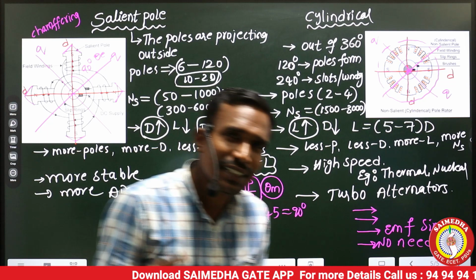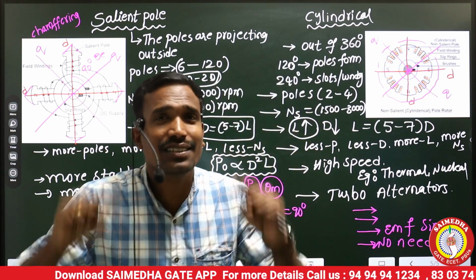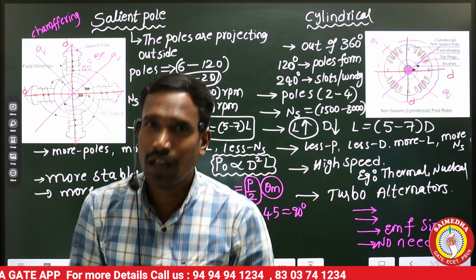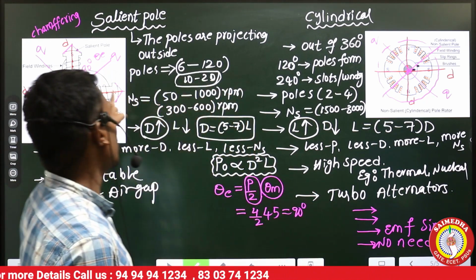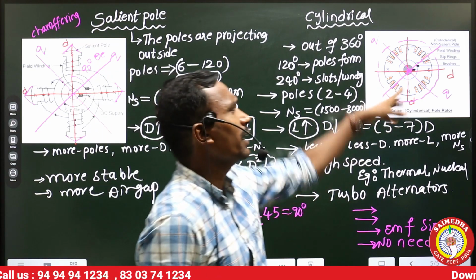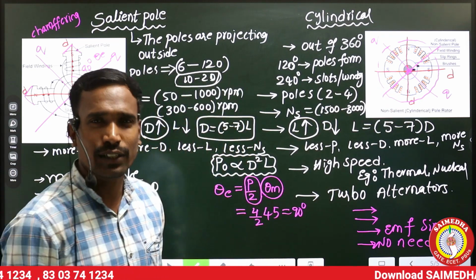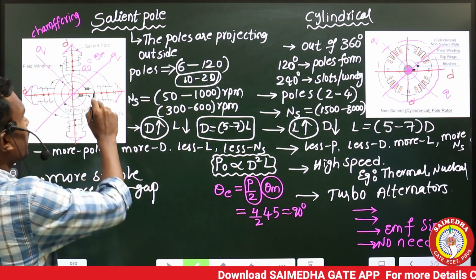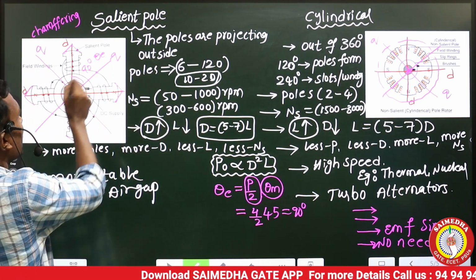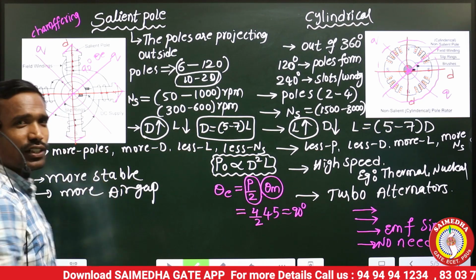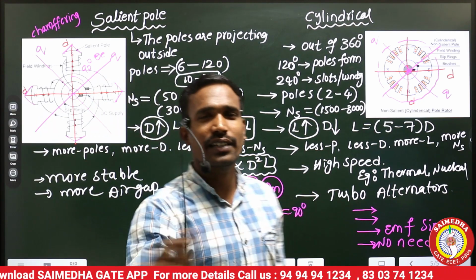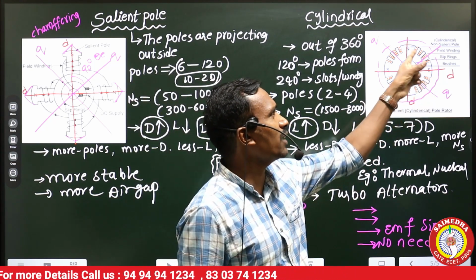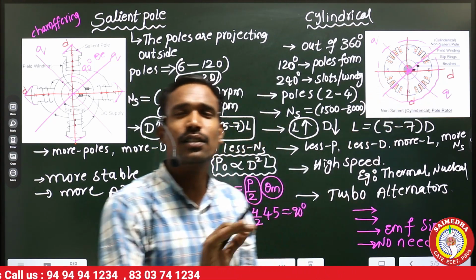Of course, whether it is salient pole or cylindrical, the stator has the same winding, short pitch distributed winding. When coming to the rotor, which type of winding are we using? Here, 2 points. Where the winding structure is drawn like this, that is a concentrated winding. Where the winding structure is drawn with dot notations like this, that is a distributed winding.